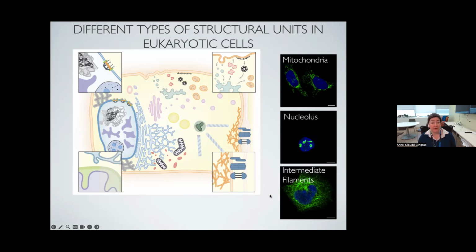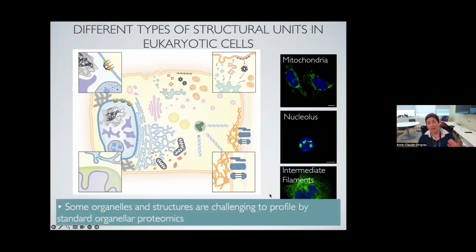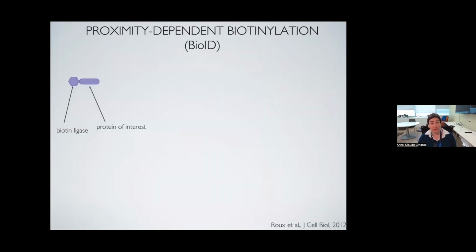And what's really important to know is that not all of those structures are going to be as easily amenable to biochemical fractionation that has been classically used to uncover the composition of proteins within each of those structures. And so many years ago now, my lab and many others in the world started using this approach introduced by Kyle Roux and Brian Burke, now called collectively proximity-dependent biotinylation, or in this case, BioID, in which a protein of interest is fused to an enzyme.